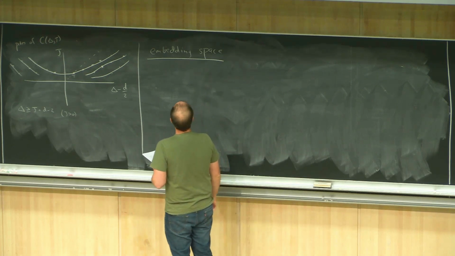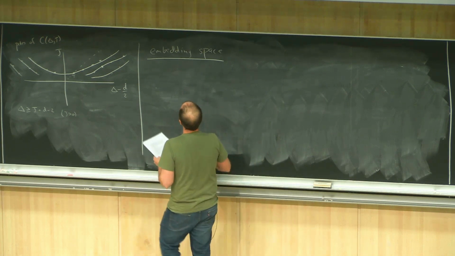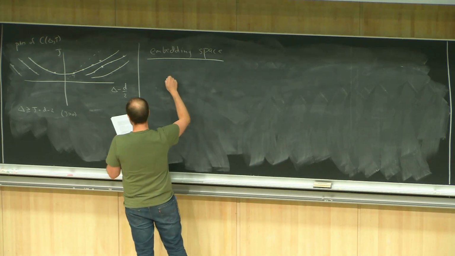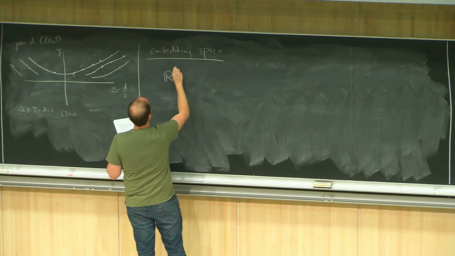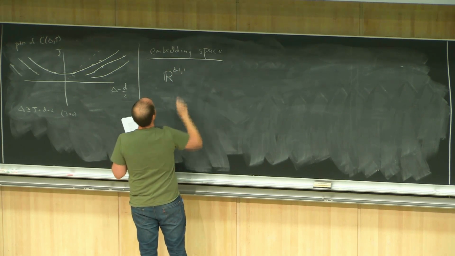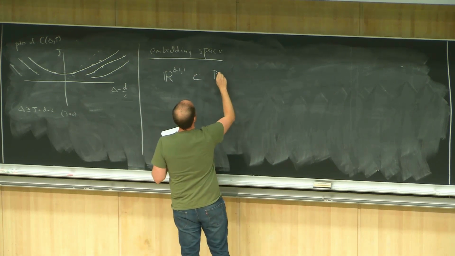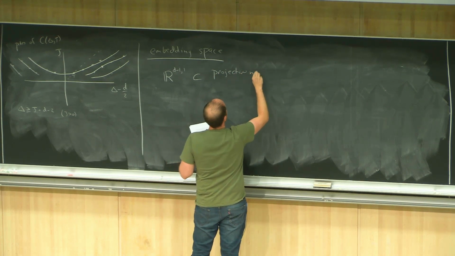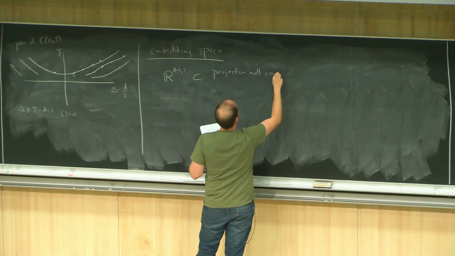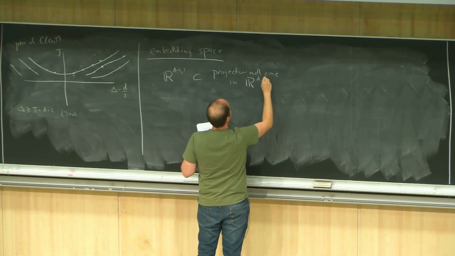The idea of the embedding space is to realize Lorentzian space as some kind of subset of the projective null cone in 2 higher dimensions.